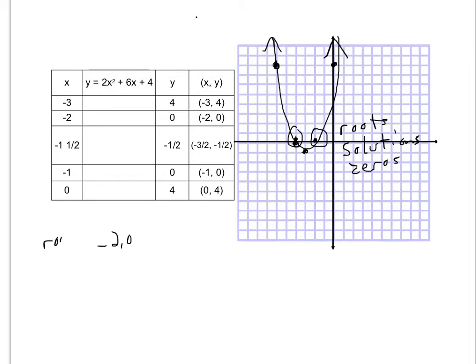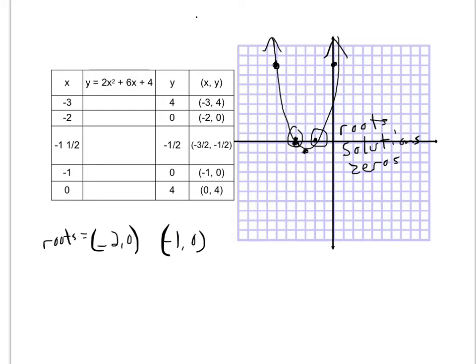So my roots are negative 2, 0, and then negative 1, 0, where they cross the x-axis. So you can see why they are called zeros, because that's when my y value came out to be 0 at these points. So the zeros are negative 2 and negative 1.